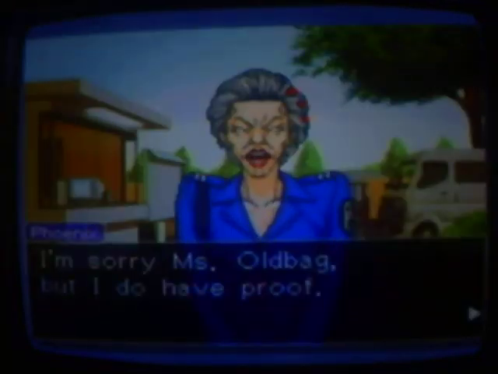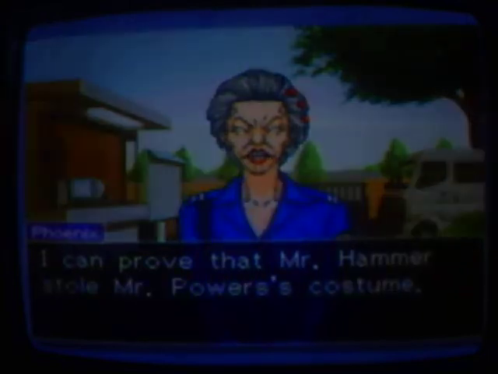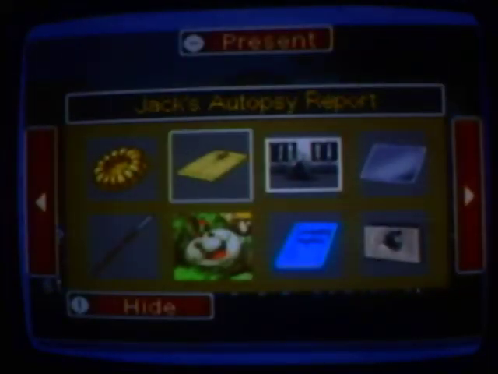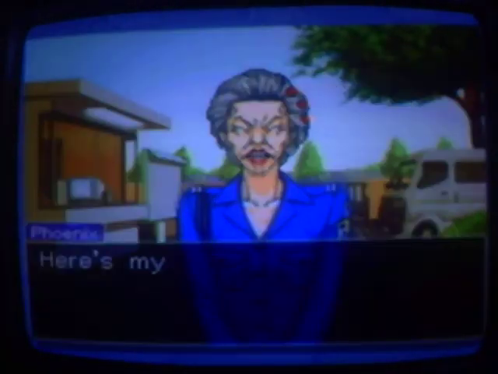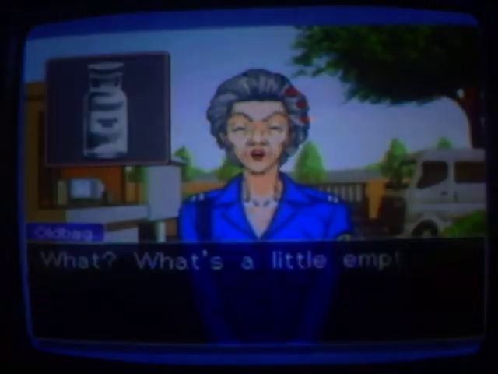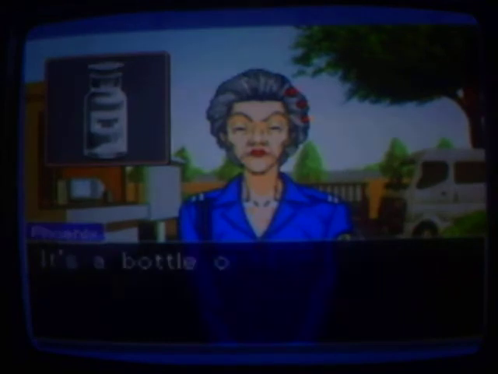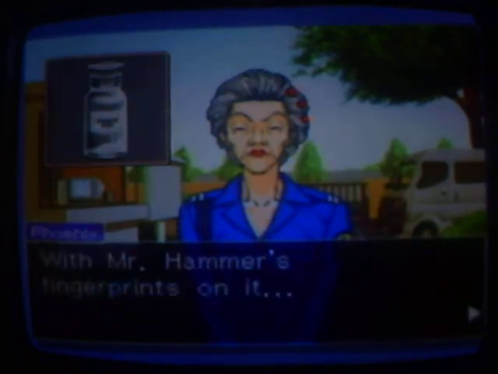I'm sorry, Mr. Oldbag, but I do have proof. I can prove that Mr. Hammer stole the costume. Here's my proof. What's that little empty ball supposed to prove? It's a ball of sleeping pills with Mr. Hammer's fingerprint on it. What does that prove?